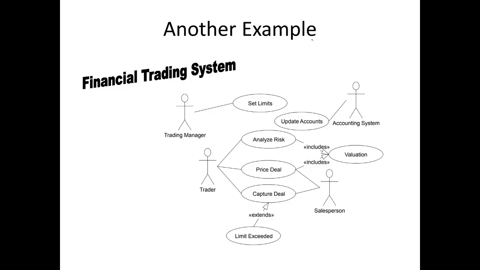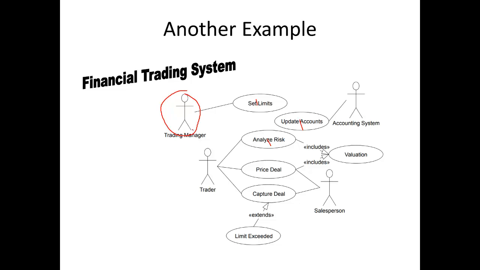This is another example of a use case diagram. Also, we have a bunch of use cases here. This is a use case, this is a use case, this is a use case. Besides use cases, we also have this kind of figure.